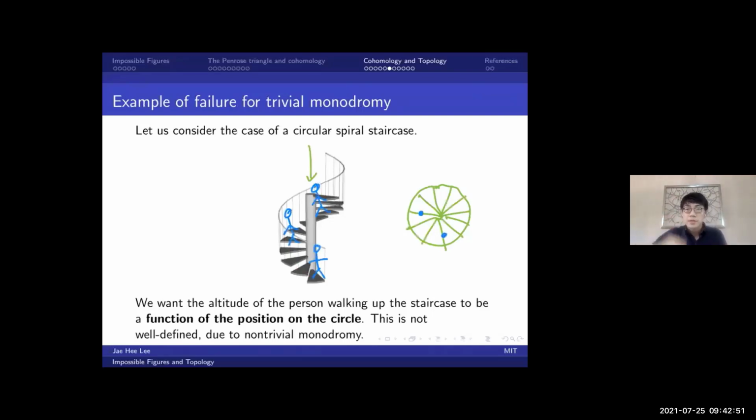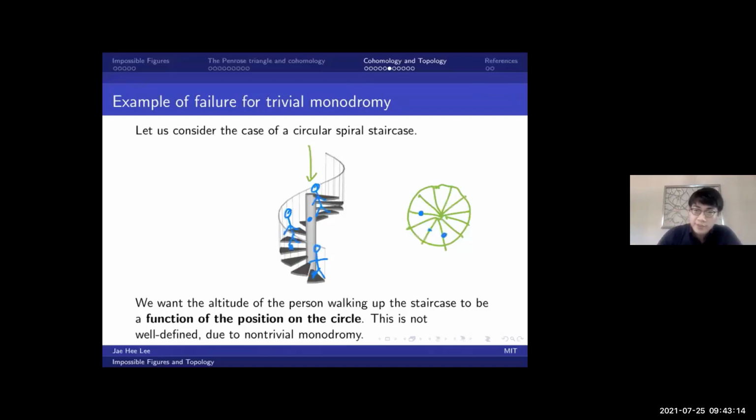So I want to define that as a global function on the circle. At each point of this staircase, that's going to correspond to points like this. The person is walking up the stairs, and you're measuring his altitude from the ground. You want to define that as a function on the circle.